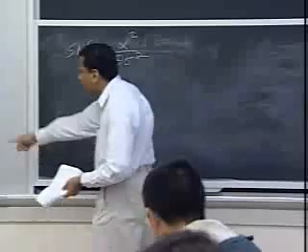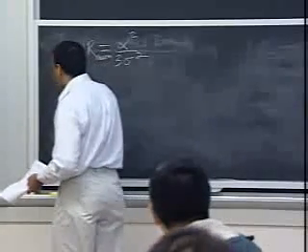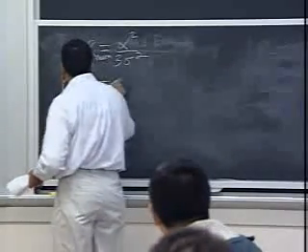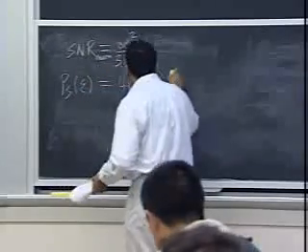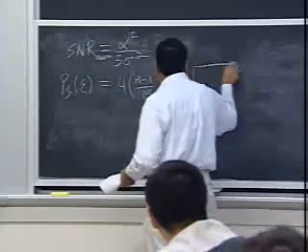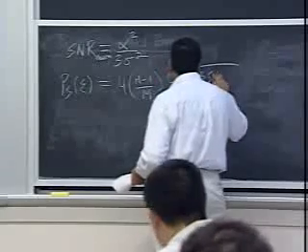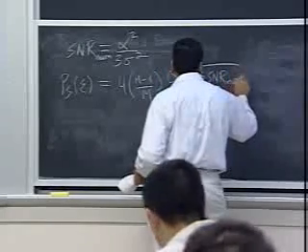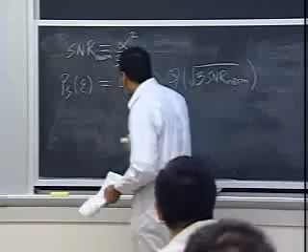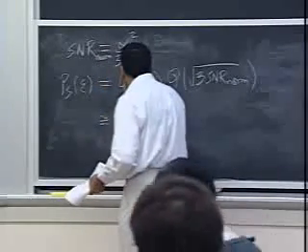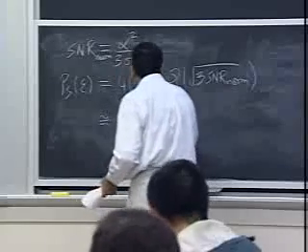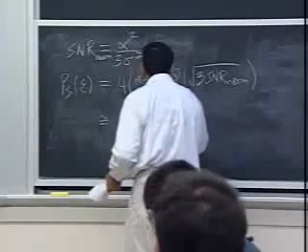So I plug that in here. So I get PS of E is 4 times m minus 1 over m times Q of root 3 SNR norm. And if m is large, this is approximately 4 times Q of root 3 SNR norm.